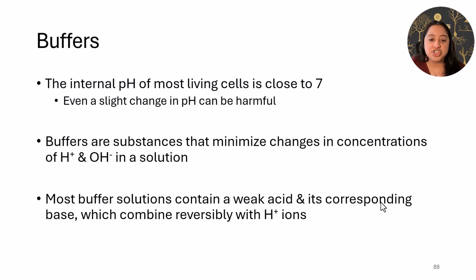Most buffer solutions have both a weak acid and its corresponding base. Having those two forms of a molecule can help either accept or release hydrogen ions as needed. They combine reversibly with the hydrogen ions and can help buffer any changes.